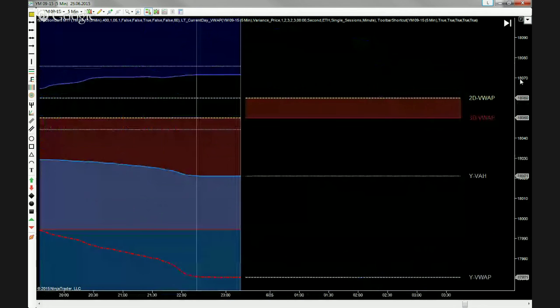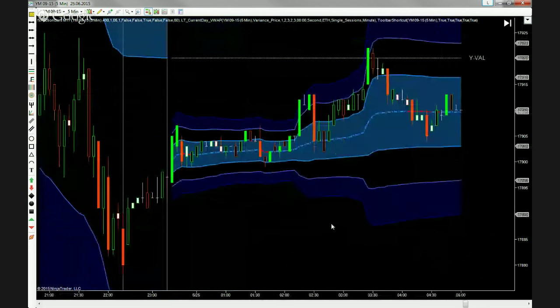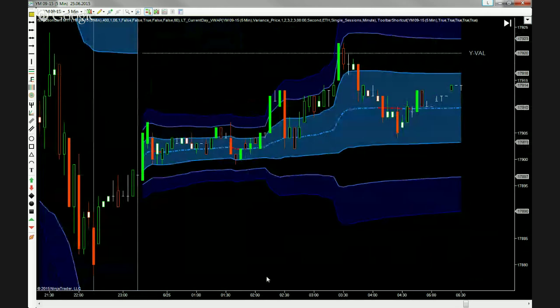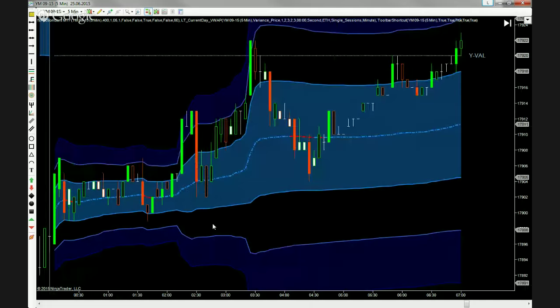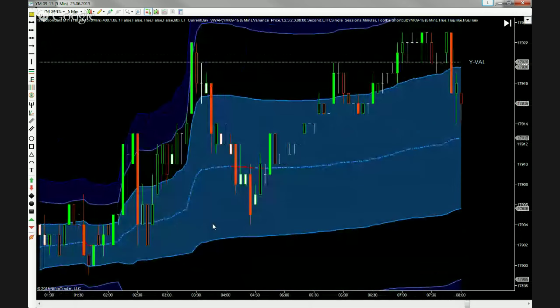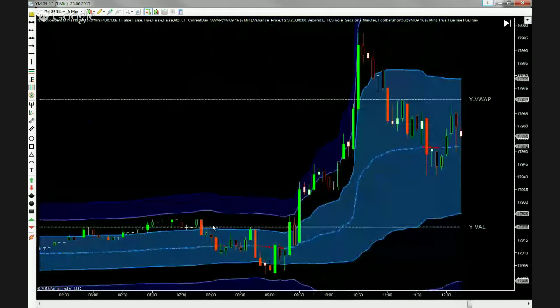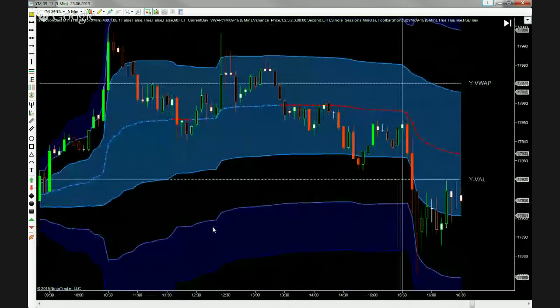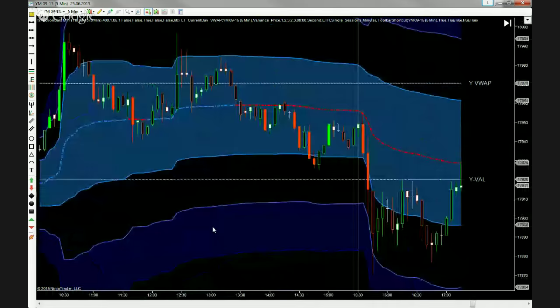The VWAP indicator basically starts anew at the beginning of each session, and the concept of the VWAP is to add all the prices that take place for every transaction during a session and divide it by the total traded for the day. So basically, we start counting at the beginning of the session over here. And as we progress in the session, the VWAP will take on more and more weight.